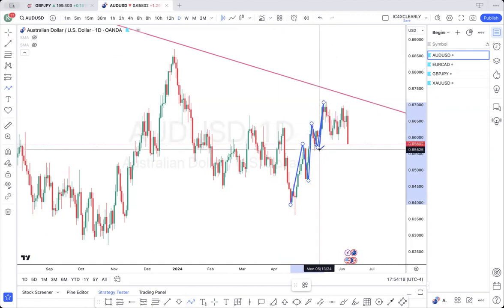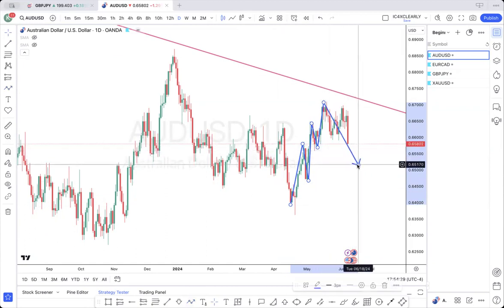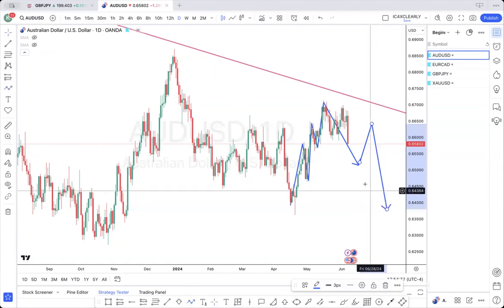So that means this is our last swing. So I would need to see price break this low, pull back to then get in for the sell.